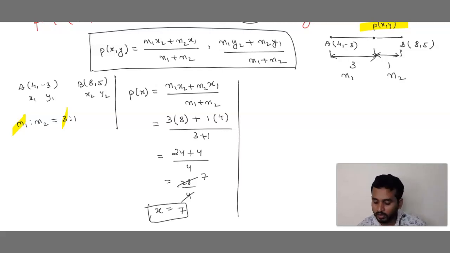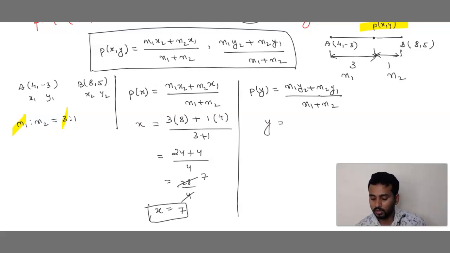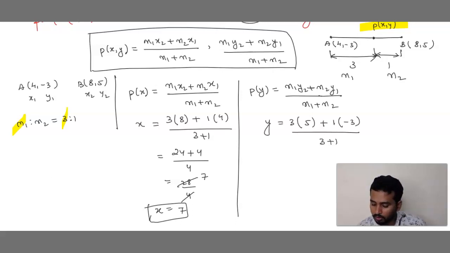Got it? Same way find y. So what should we do? P of y is equal to m1 y2 plus m2 y1 by m1 plus m2. So this is x value and this is y value. m1 is 3, y2 is 5, plus m2 is 1, y1 is minus 3, by m1 plus m2, 3 plus 1. 3 5s are 15 plus 1 into minus 3, that is minus 3, 3 plus 1 is 4. 15 minus 3 is 12 by 4, that's nothing but 3.